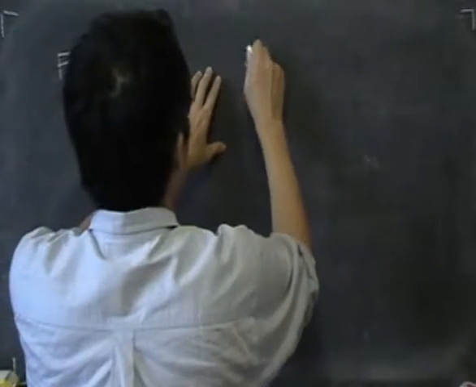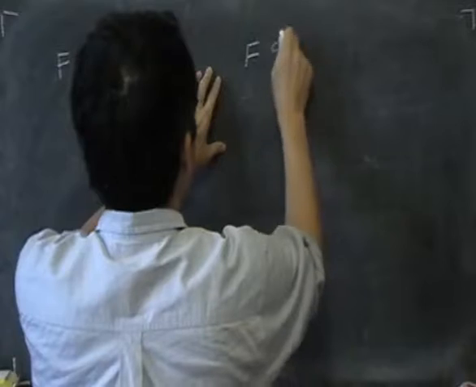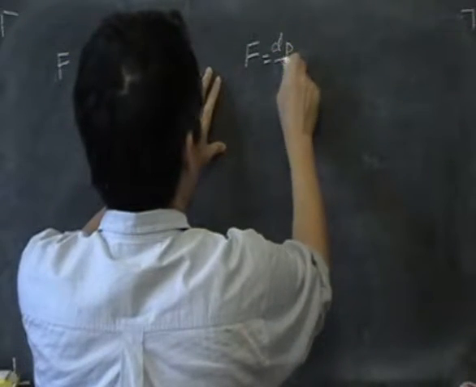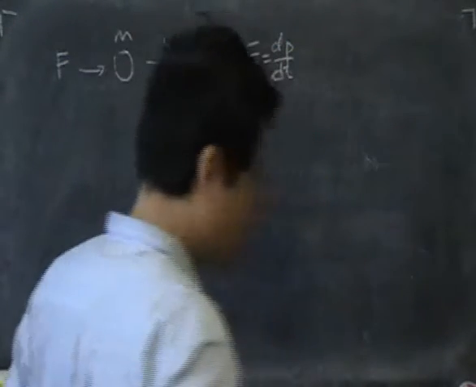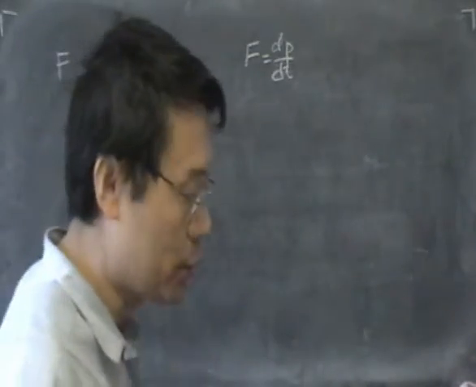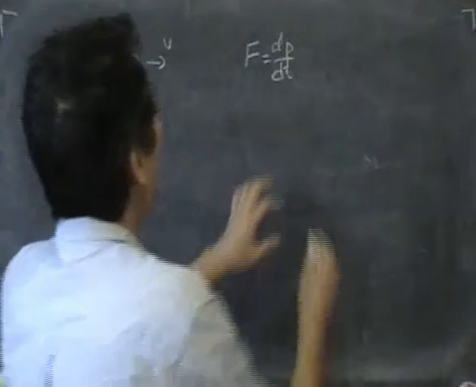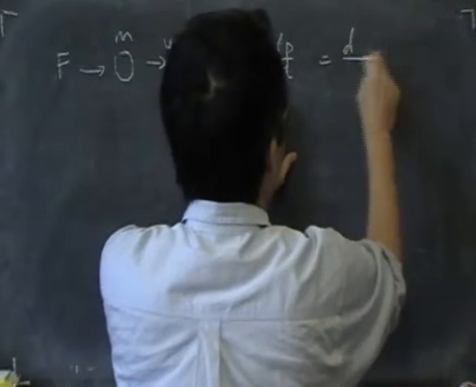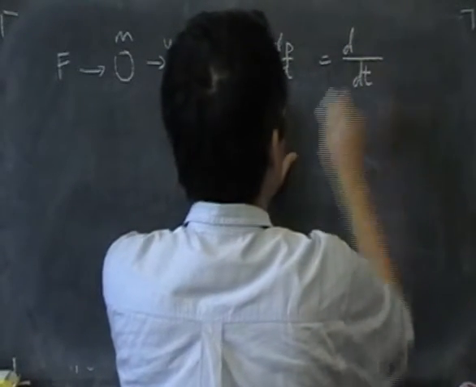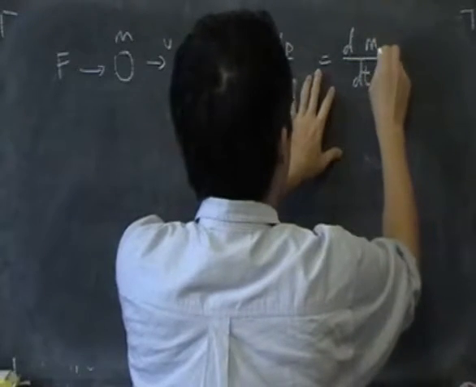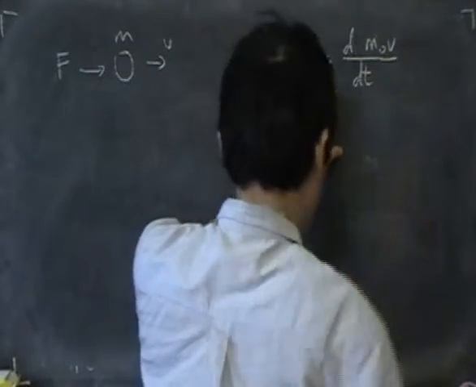So that's what we have to think about first. Now, Newton's second law is that force is equal to the rate of change of momentum, P. Now, momentum is equal to mass times velocity.